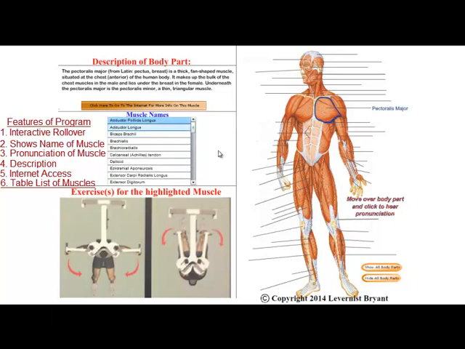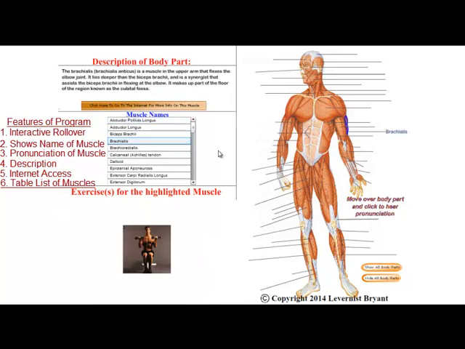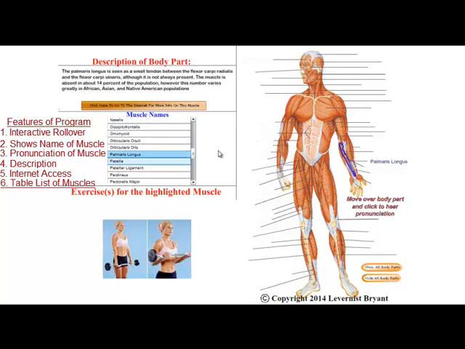Basically, you would click on the table and you would click on the muscle. It shows the muscle, and you can go to the internet. You can also see the exercise for the muscle, and it gives you a convenient way of locating a muscle.